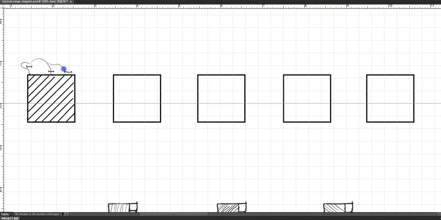Even though it looks a little different right now because I'm sketching, they should be all equal distance. Okay, so that's one of the things.